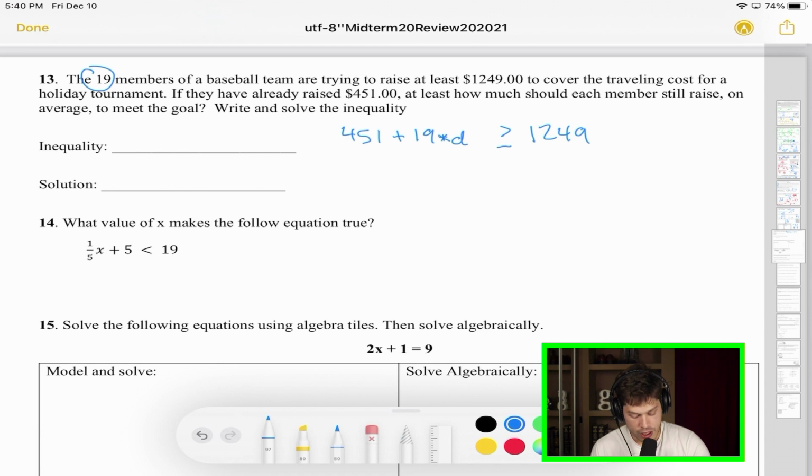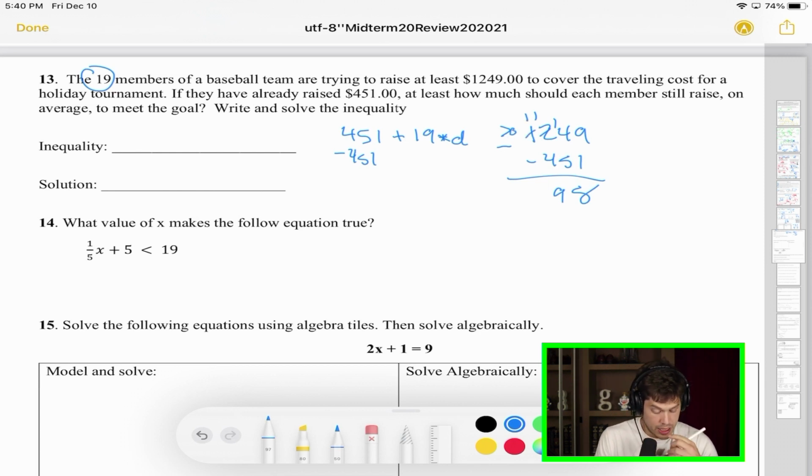We're going to subtract 451 from both sides. 9 minus 1 is 8. Bottom number bigger, so you borrow. 14 minus 5 is 9. 1 minus 4, bottom number bigger, so you borrow. 11 minus 4 is 7. So we have 19 times the number of dollars needs to be greater than or equal to 798.